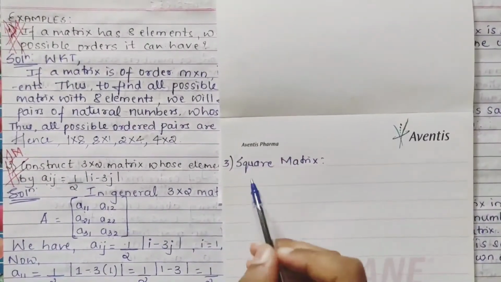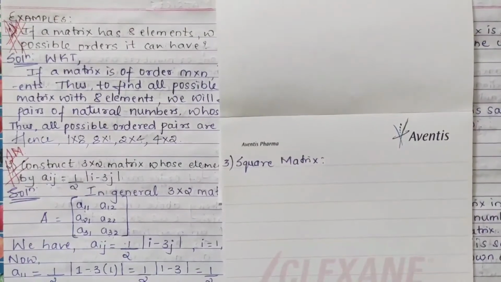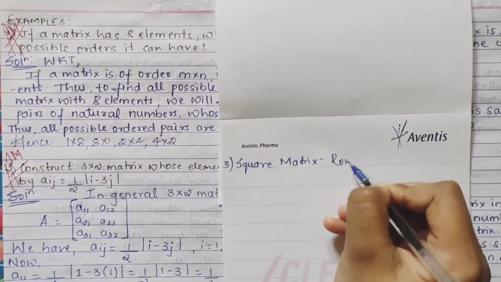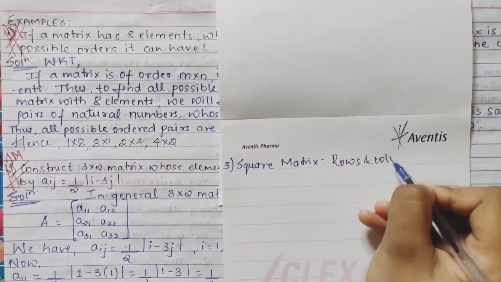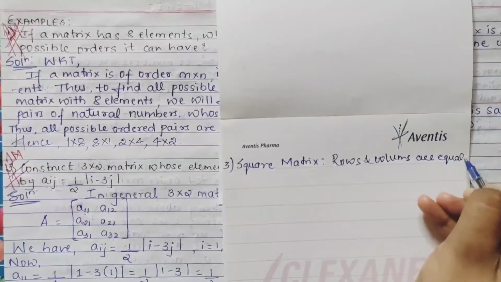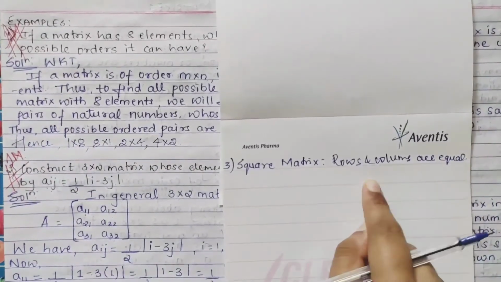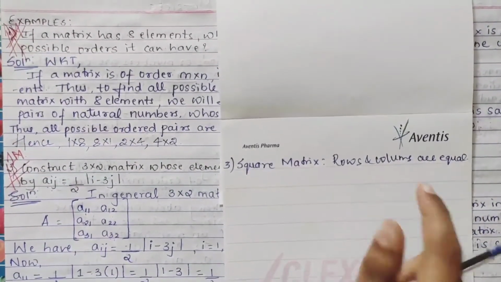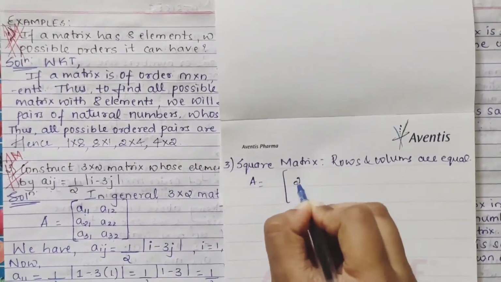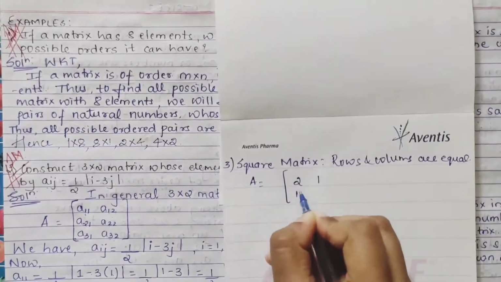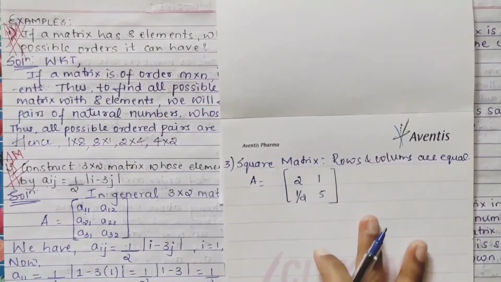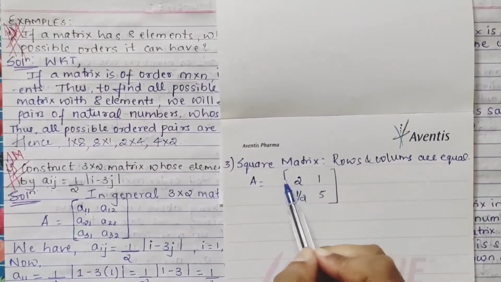Okay. Now we'll proceed to the next. The third one is the square matrix. A square matrix is one where rows and columns are equal. The number of rows and the number of columns should be equal. Suppose I take A, say 2 1, 1 by 2, 5. This is one matrix. You can see here how many rows? 1 2.